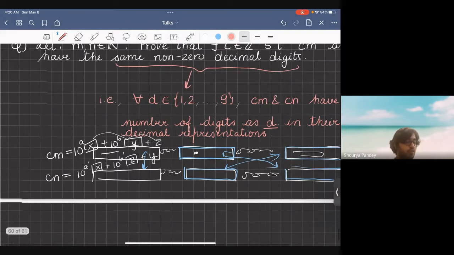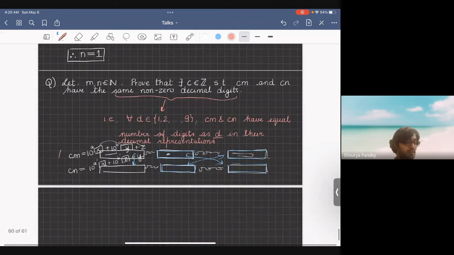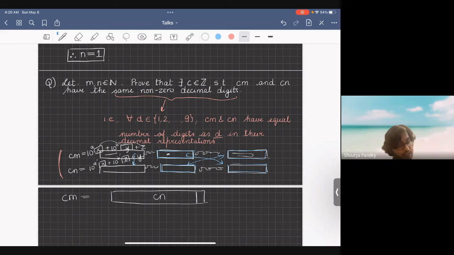You can think of things even simpler than this. Can you think of finding a C such that Cm is just taking Cn and moving the last digit to the front?